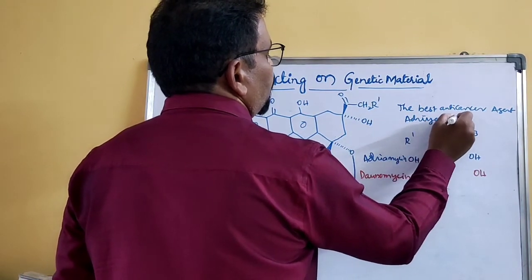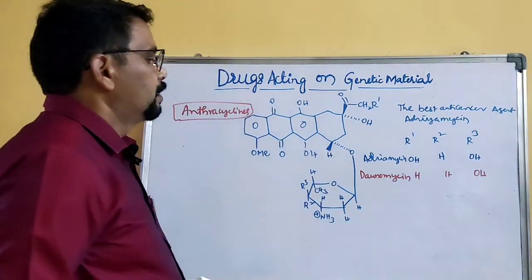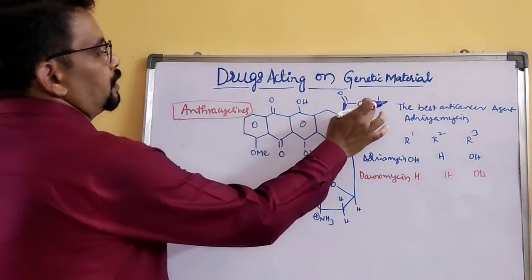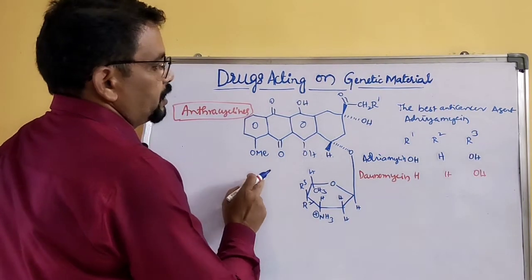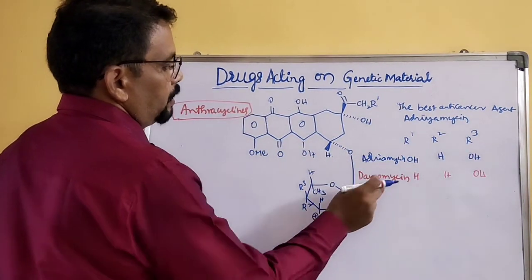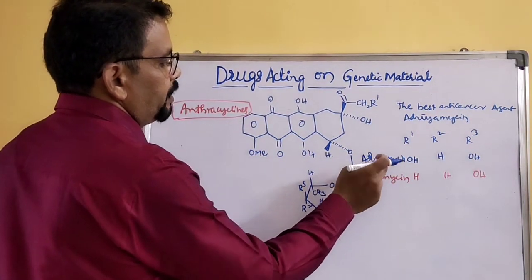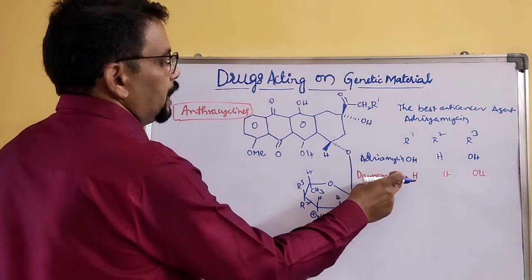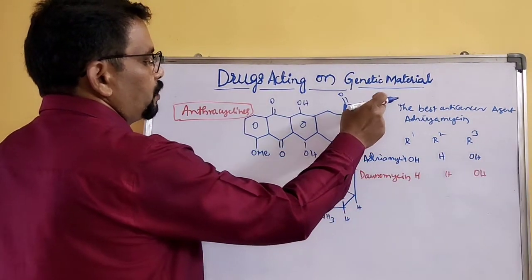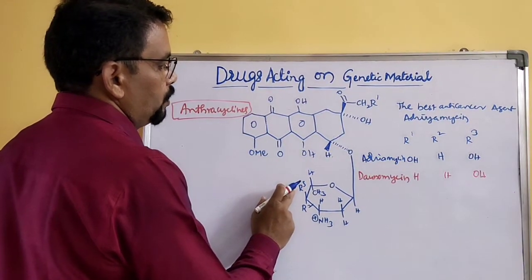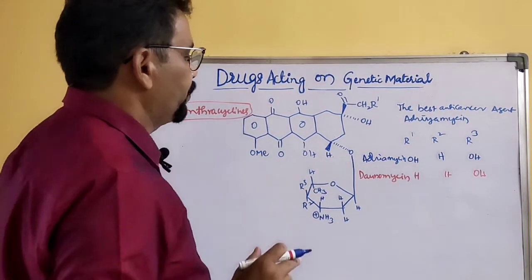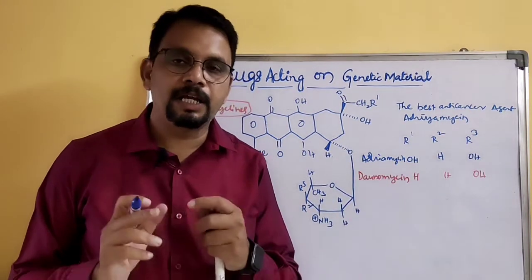So here it is hydroxyl group and hydrogen, OH. That is the structure of Adriamycin. And what is the difference between Adriamycin and Daunomycin? In Daunomycin, R prime is equal to H, R2 is equal to H, and R3 is equal to OH. So that is the slight difference between Adriamycin and Daunomycin.